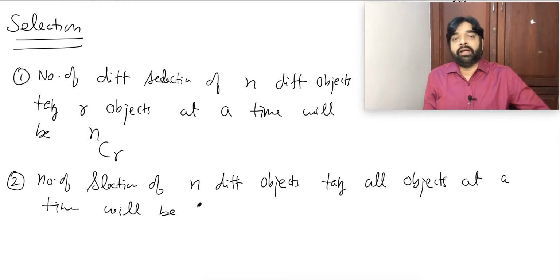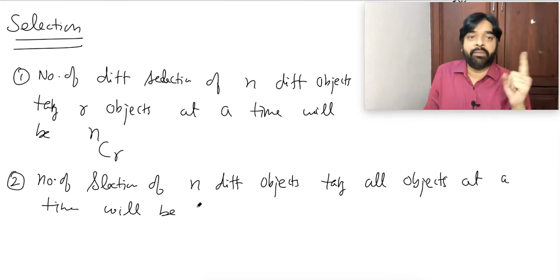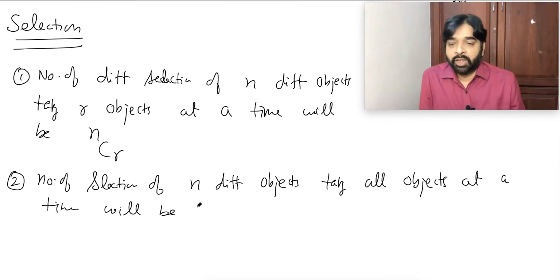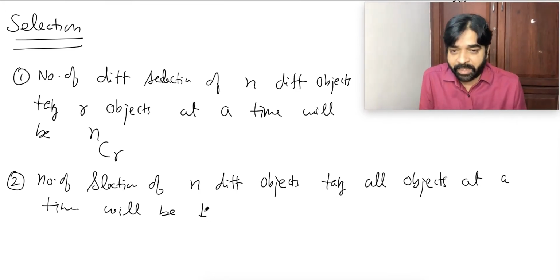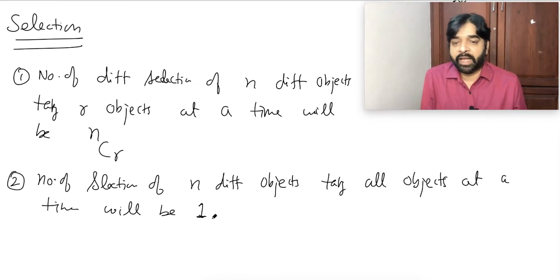So you put your hand in and take all of them out. Now there is no other choice. So how many ways will there be? Only one way. So you have to visualize why it's coming 1. Of course you can also do it by mathematics. nCn value will be equal to 1 only. This is the one way. All of you understand?